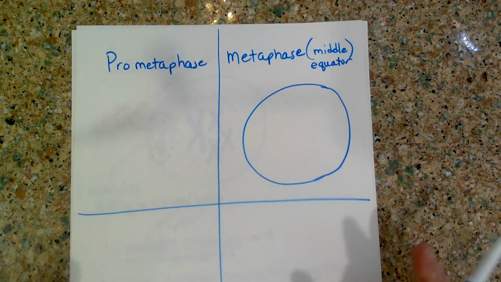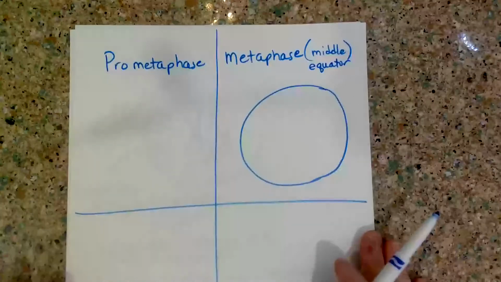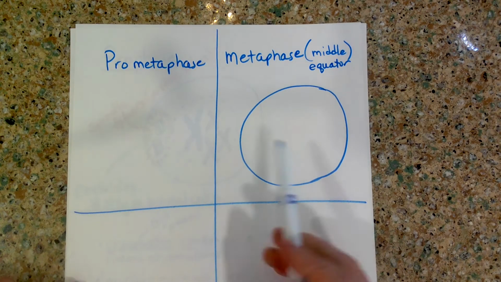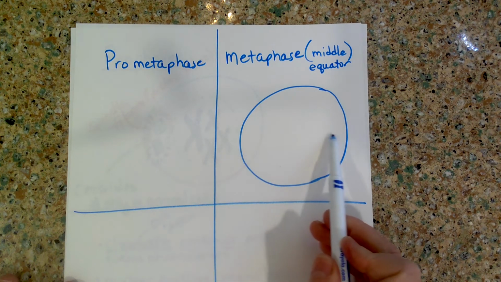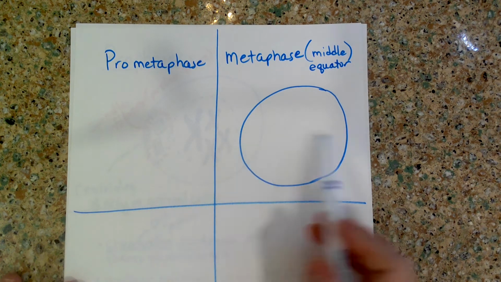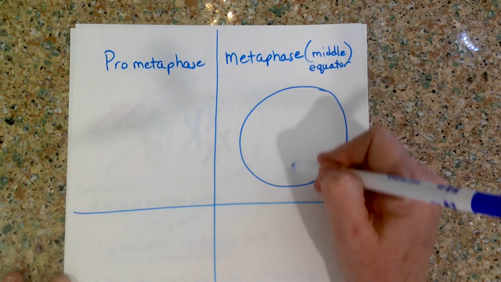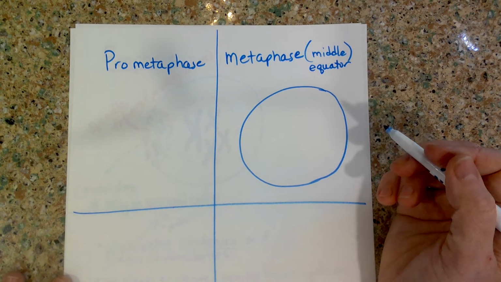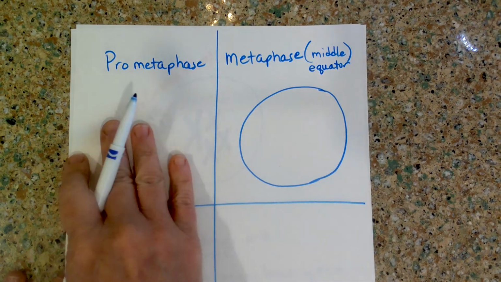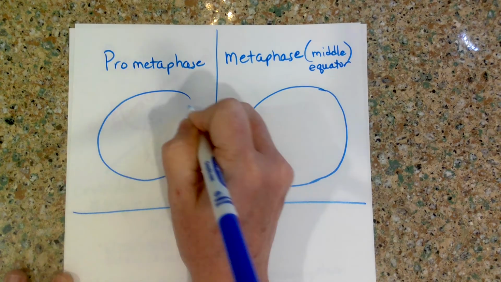So some books draw it one way, some books draw it another way. It doesn't matter. In your book, they have them drawn left to right across, so they draw the equator like the earth equator. But then a lot of people draw them up and down. It's the same concept. So we'll do prometaphase in the middle in a minute.